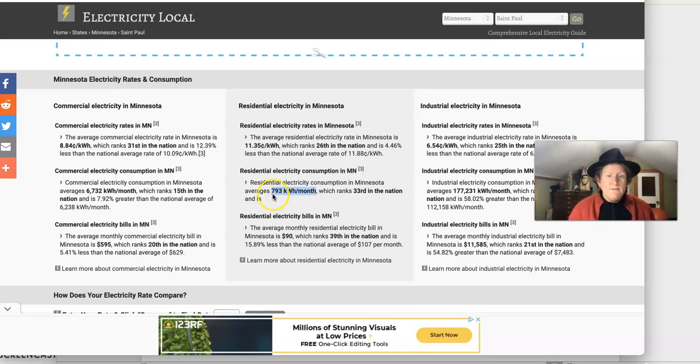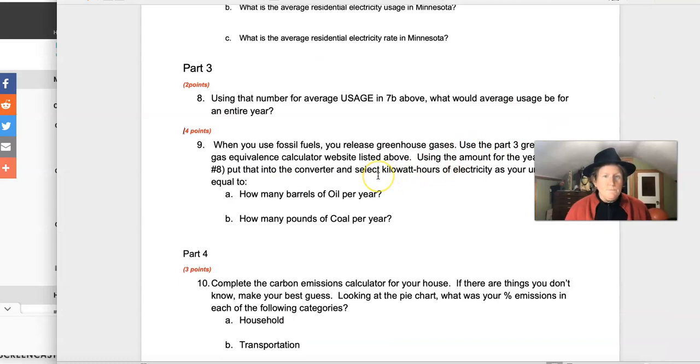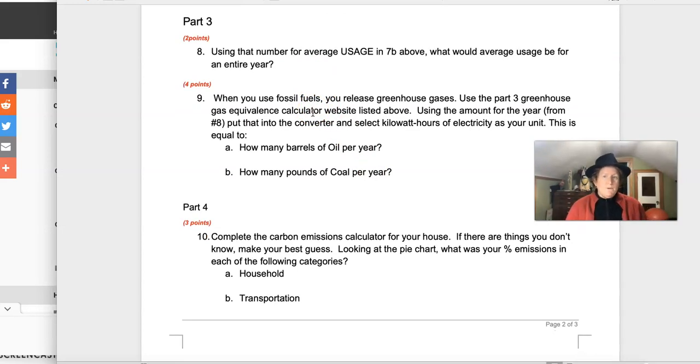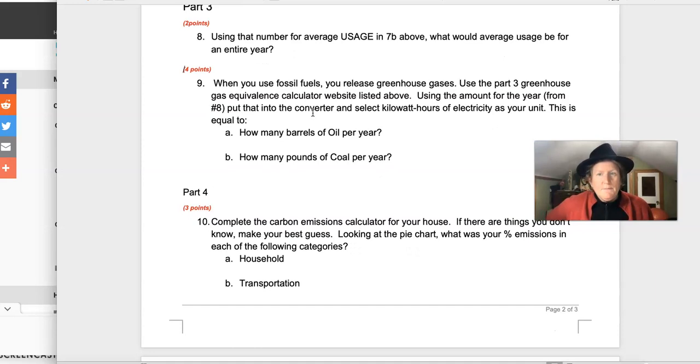So multiply 793 times 12 to get an average usage per year. We can take that number for an entire year and go into the Part 3 website here. We'll look at that in a minute, and figure out the equivalence.